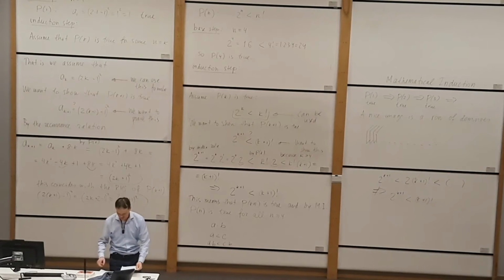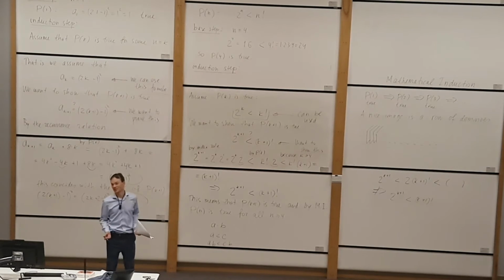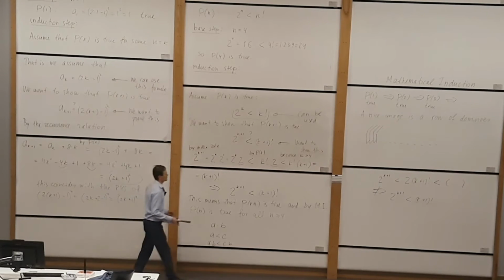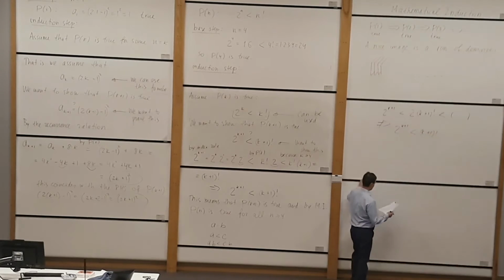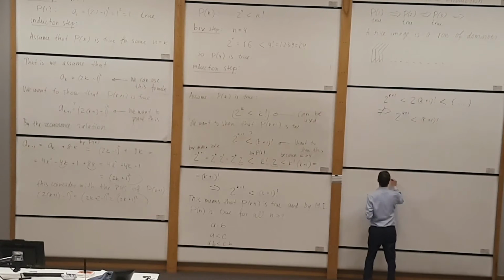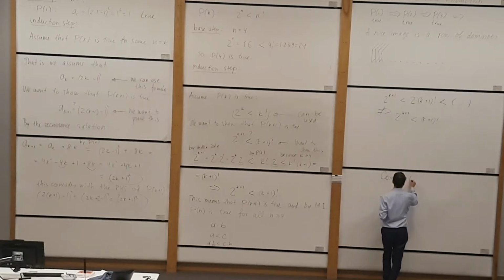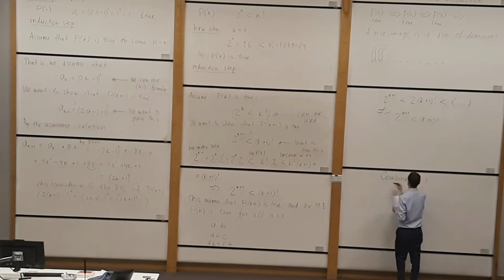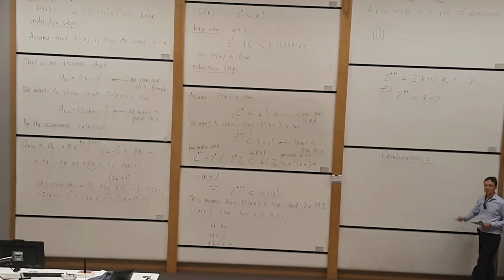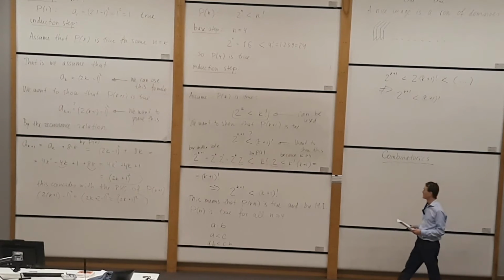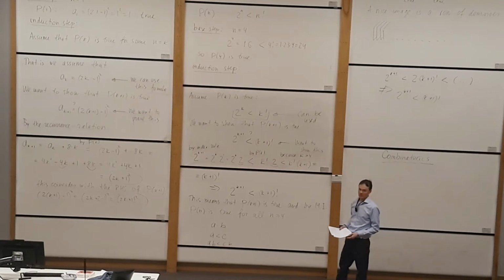Okay. Then I have to switch gears again because we have a lot of material to cover. So I'm going to start talking about combinatorics. Combinatorics is a branch of mathematics which is concerned with counting.